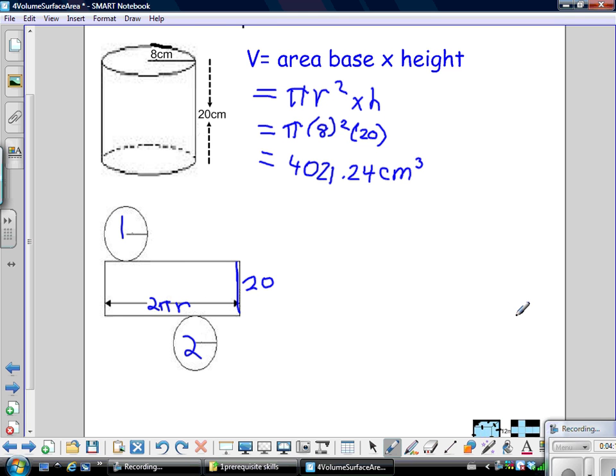So what do we do when we write this down? The easiest way is to give some English language as well. Surface area equals two circles, and they are identical circles, plus one rectangle.